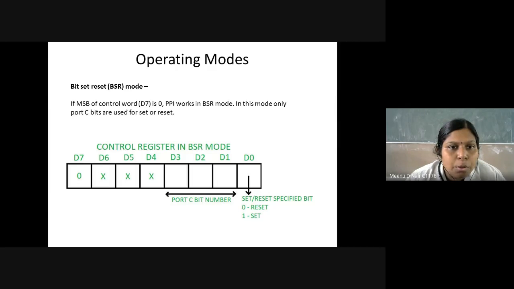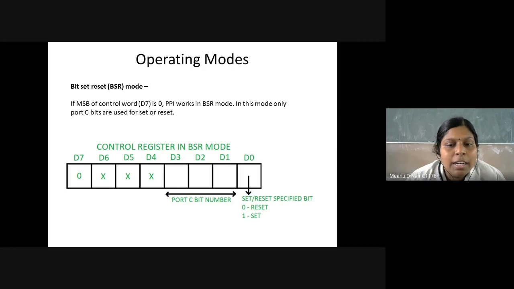Then what the bit set or reset word does is it will set or reset the port C bit. Port C is an 8-bit port, so PC0 to PC7 will be there. If D3, D2, D1 are 0, 0, 0, what will happen?